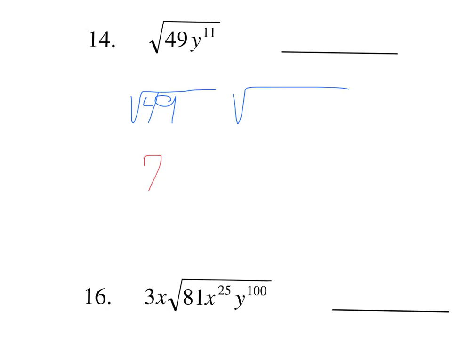It'll be on the outside of the square root. You need to break down this y because the 11 is an odd number. Break it down to be y to the 10 and 1 extra. Now when we take the square root of these, the square root of 49 is 7. We've already got that. The square root of y to the 10 is y to the 5th, and the not perfects come straight down.